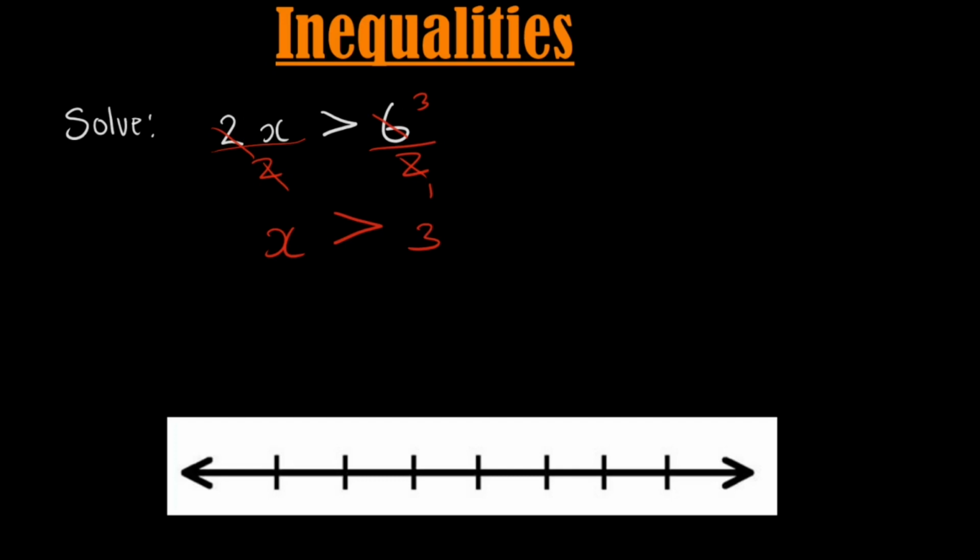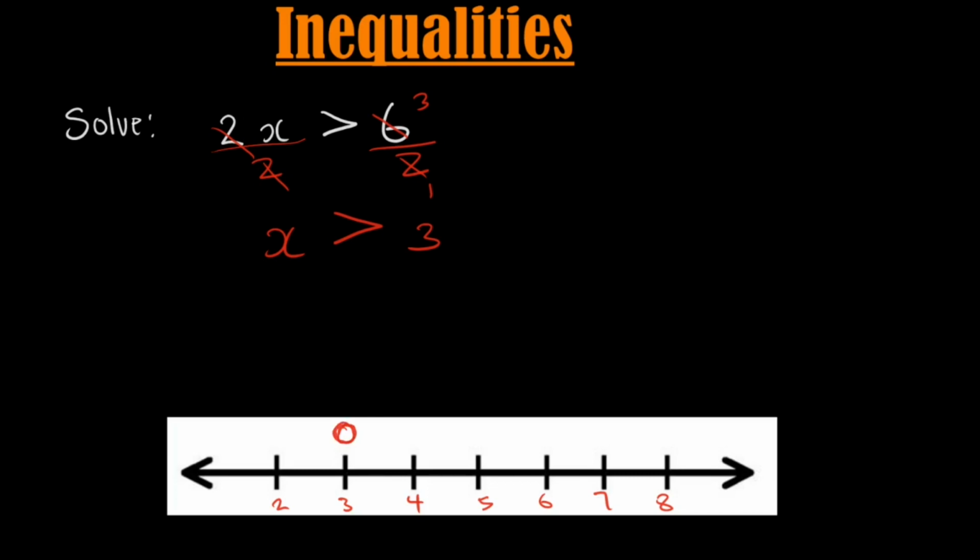So we're going to go ahead and draw up our number line. So our value here is 3. So we know that our circle will be at 3. It's a greater than sign. We don't have the equal to there, so our circle will not be shaded. And when we look at this inequality, we see that the opening is to the variable.